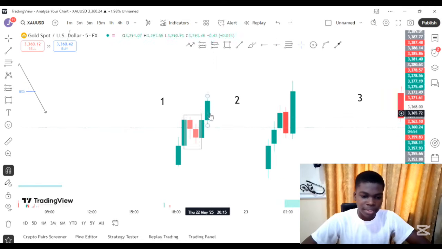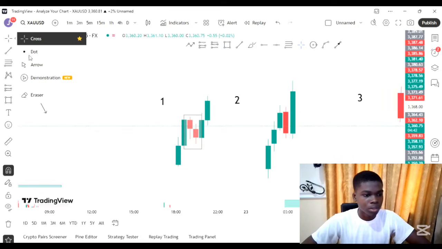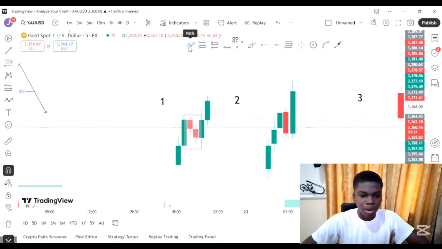And where is our next confirmation for the continuation of the buy? Because of course this is a continuation, it is right here. You can see at this particular place that we have a break right there. We have a break right here. Right, that's basically it. So now this is a continuation. So basically, how do we mark this? We mark this like this.